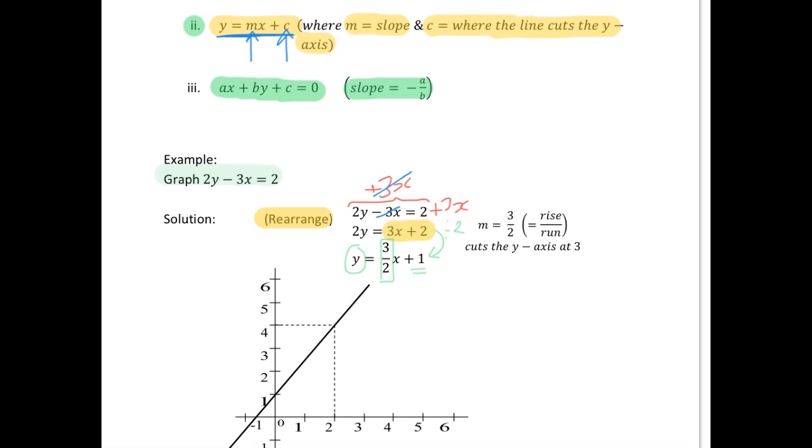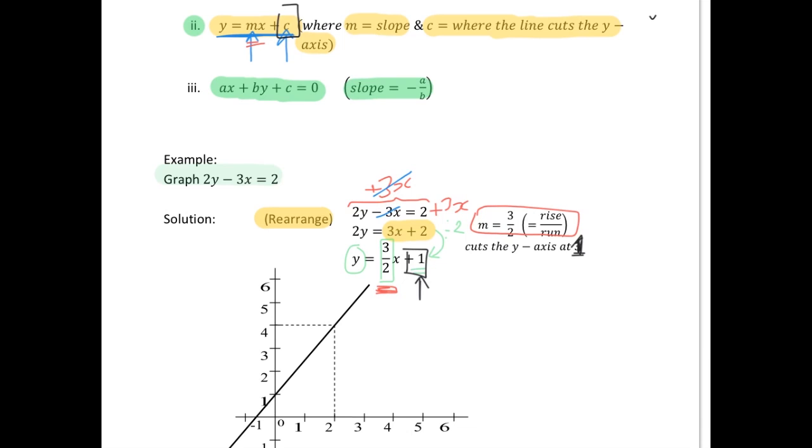So if we do that, m is the number in front of x, so our m is 3 over 2, which is rise over run, as we had before. And we also know then that the line will cut the y-axis at this number here, our c, which is now a 1. So that means it'll cut the y-axis at 1.